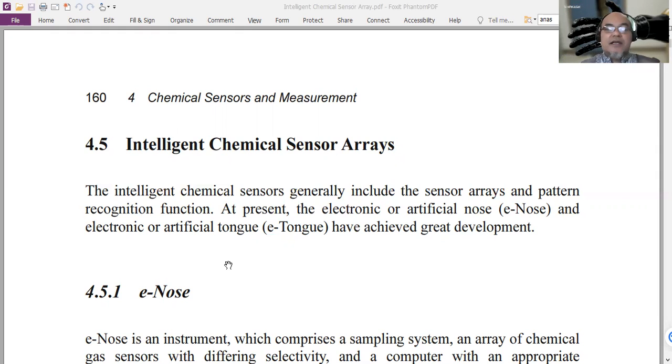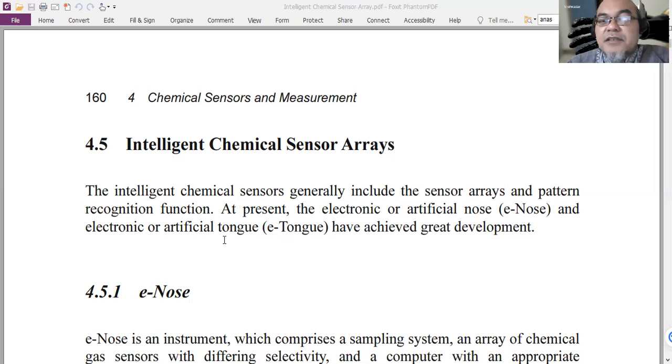Then, to improve the selectivity, researchers usually add certain doping, or operate the sensor at a certain operating temperature, and based on that the selectivity will change. Another method is to have a mixture of ingredients, so not doping, but a compound of oxide materials. So not only tin oxide, but tin oxide combined with copper oxide, for example. There are many different ways to increase the selectivity towards certain chemical species.